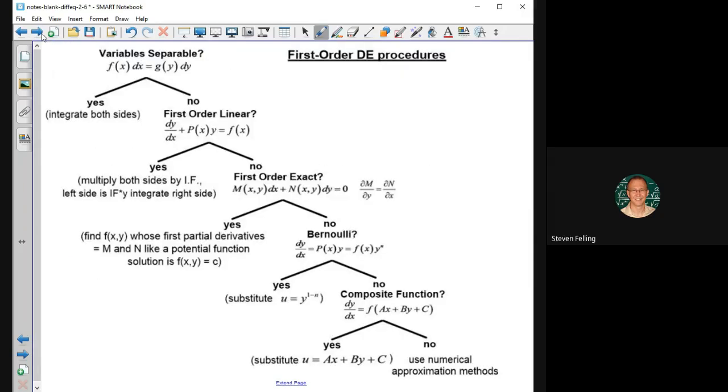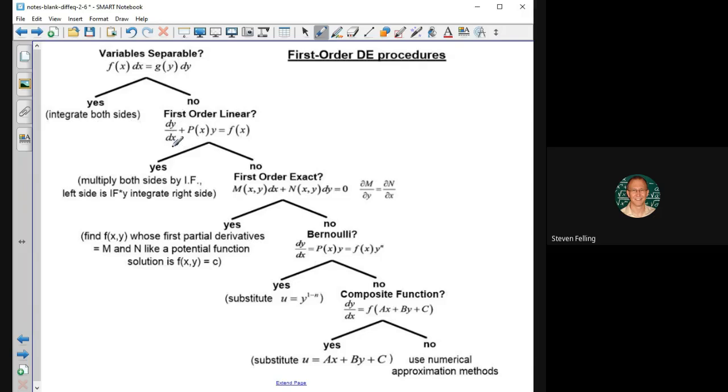All right, and then in the notes, I have one last thing that I added in, which lists all the methods we have to solve first-order differential equations, right? So the first thing we ask ourselves, you can kind of think of as a big tree, is are the variables separable? Can you separate all the x's on one side and the y's on the other side? If you are able to, then you just integrate both sides. Okay, if you aren't, then you should ask the question, can this be written as a first-order linear equation, right?